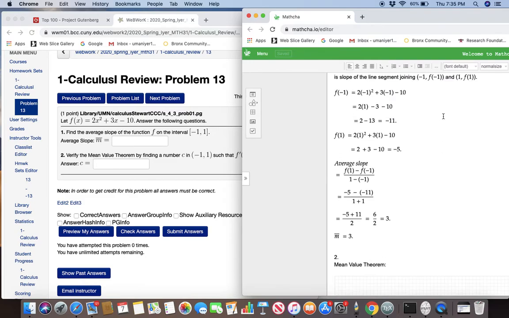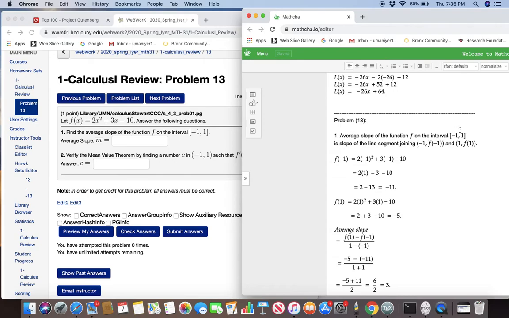So for the endpoints, I'm going to find f of -1. That will give me one point. At 1, I'm going to evaluate f at 1 for the y coordinate. That gives me another point. So find f of -1. That's my function, I'm plugging in -1, and I get -11. What about the other point?